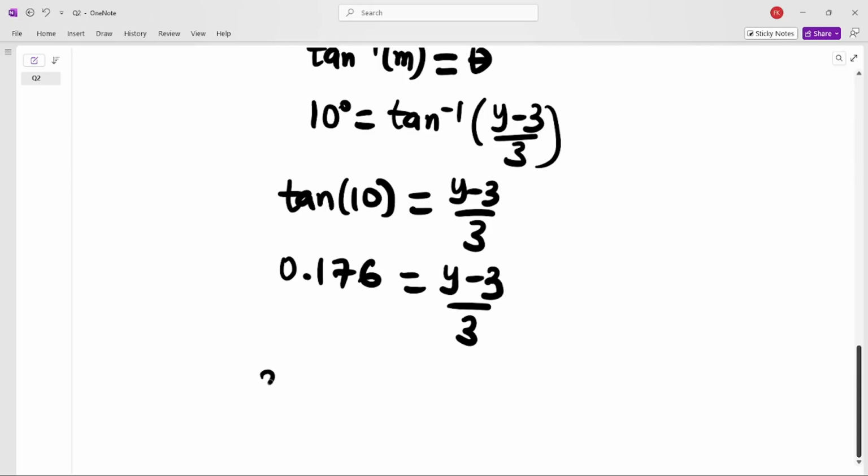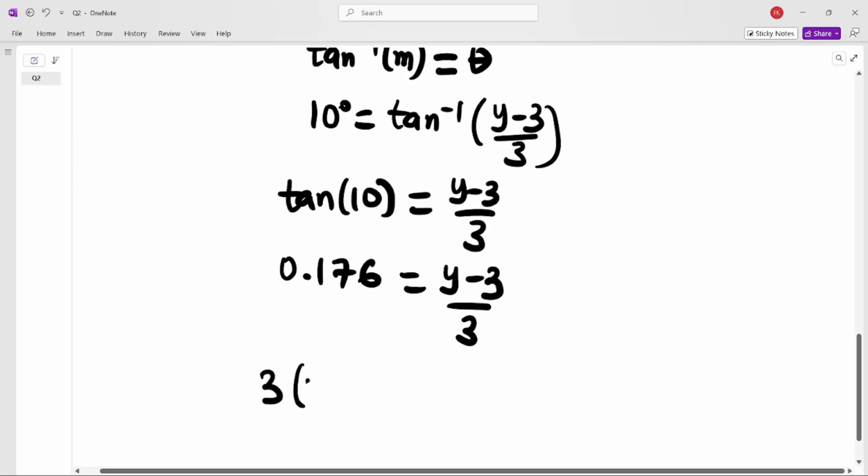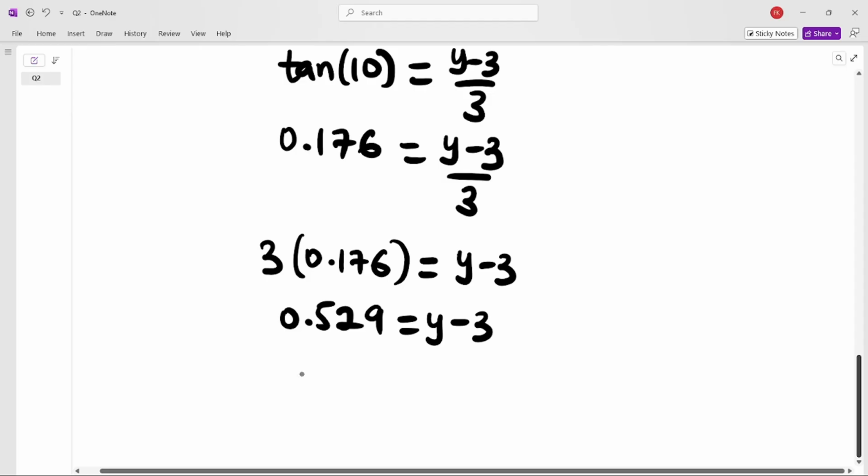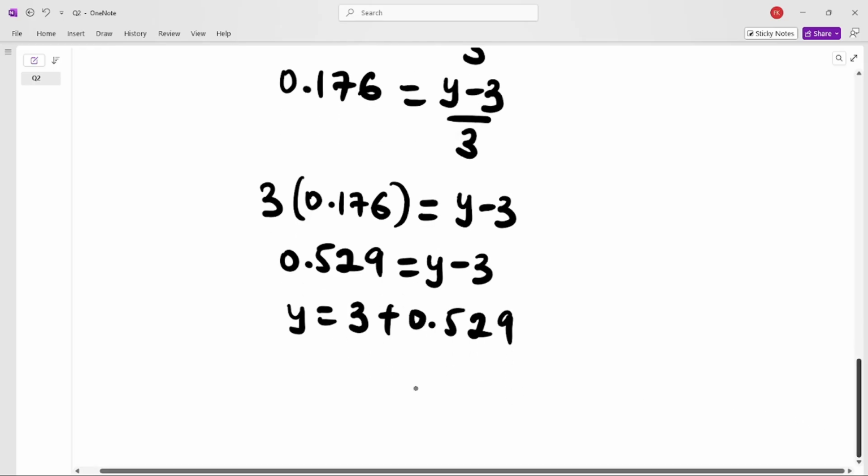So it will be 3 times 0.176 is equal to y minus 3. Then our 3 times 0.176 is 0.529, is equal to y minus 3. So we set the negative 3 to the other side, we have y is equal to 3 plus 0.529. So our y is 3.529. That's what I got.